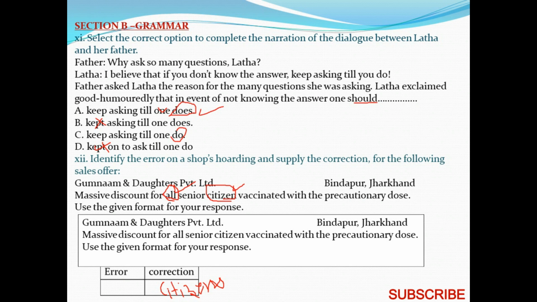So it is obvious here, a massive discount for all, it is plural, all senior citizens, not citizen. Citizen is when we talk about one citizen, so we talk about all. So there it is incorrect. So right answer is citizens.